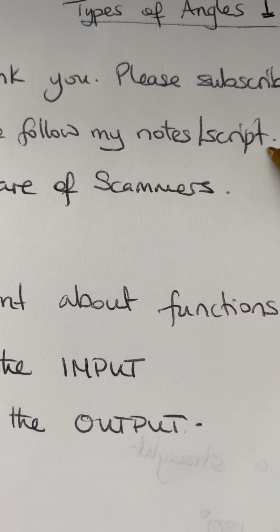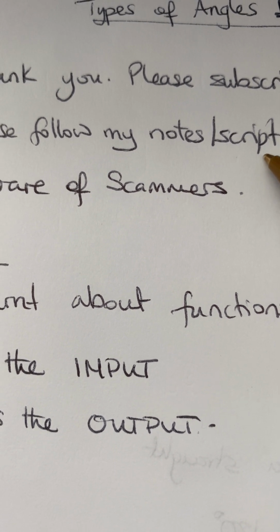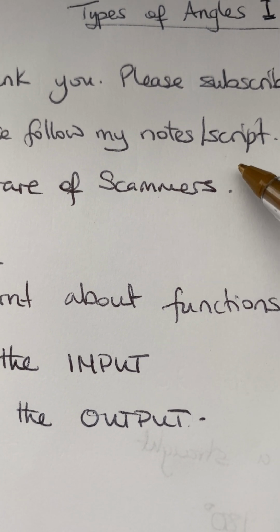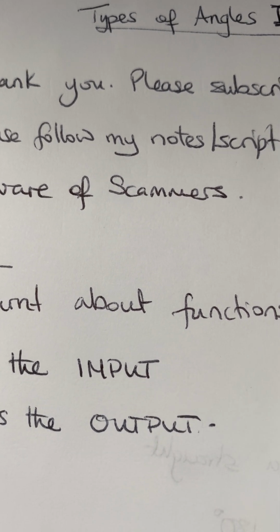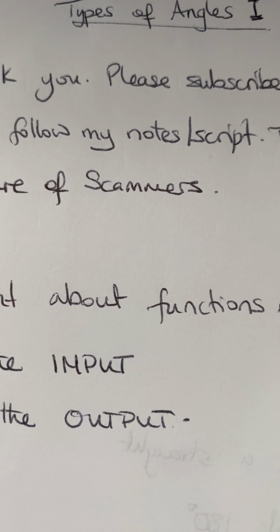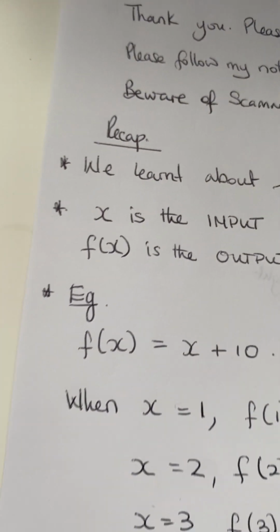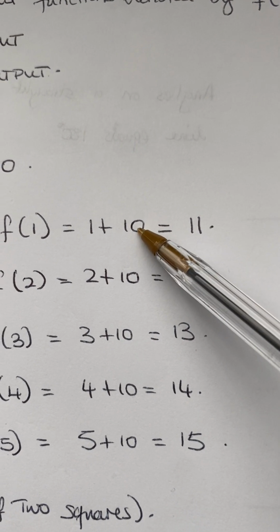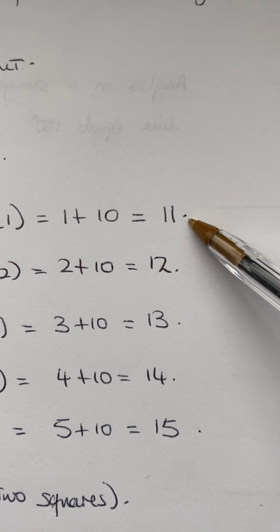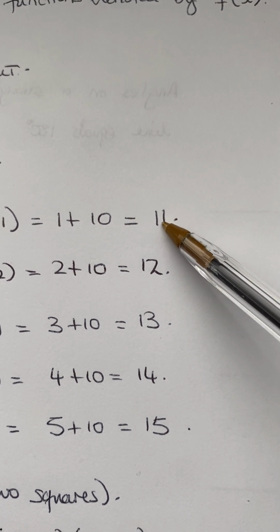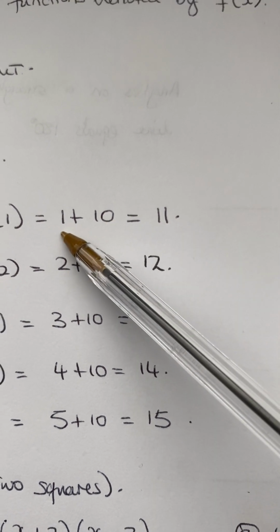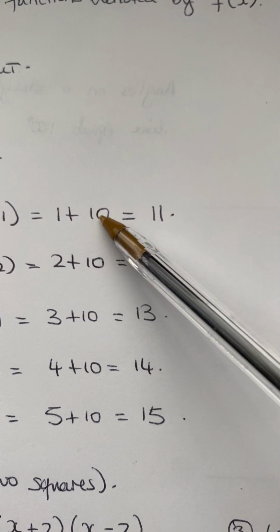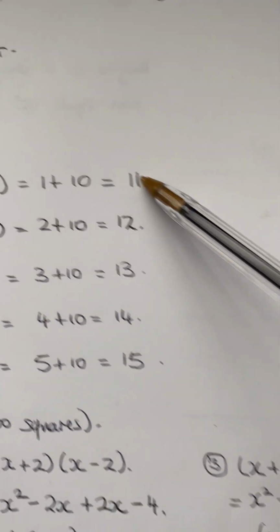You will hear me say this over and over again, because chances are maybe this is your first time watching the video. For instance, this is a 10, that is an 11. So if you hear me say 1, here is 1 plus 10 is 11.